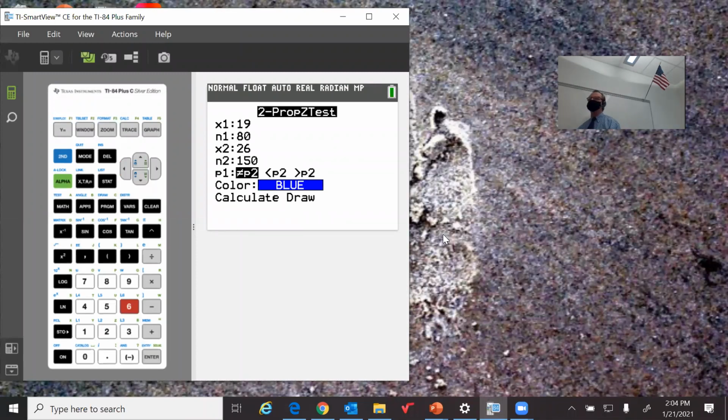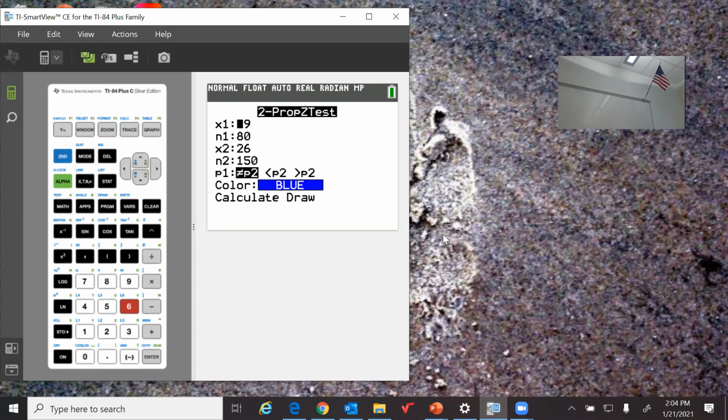Now, I loaded this up already from early this morning with the data. Ready? 19 out of 80 missed breakfast in school 1. 26 out of 150 missed breakfast in school 2. It's a two-tailed test.